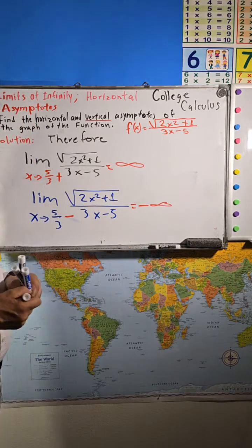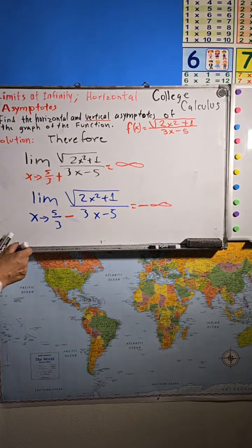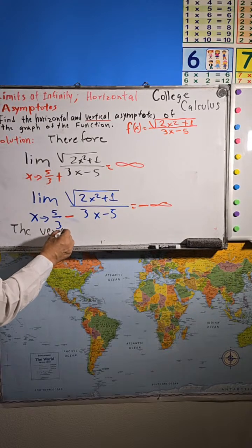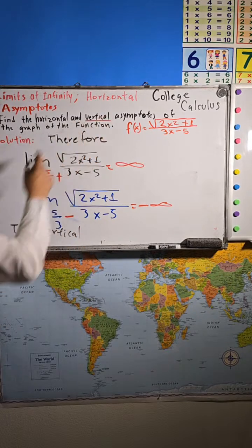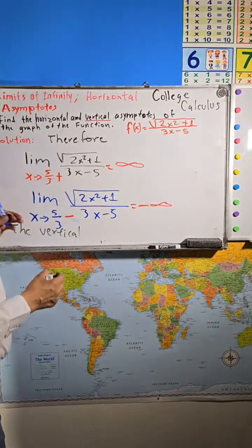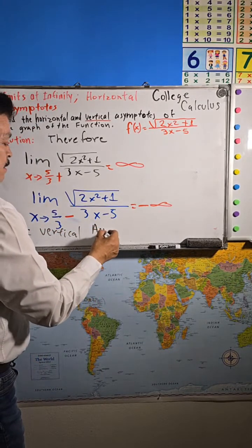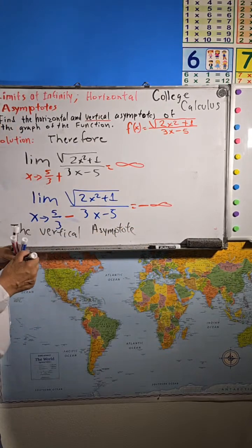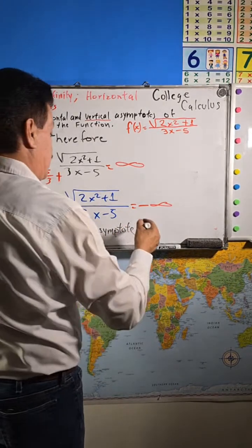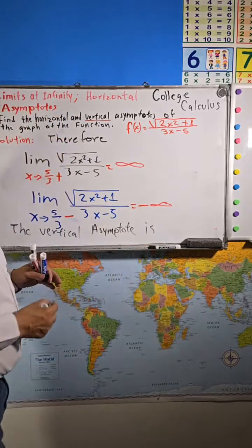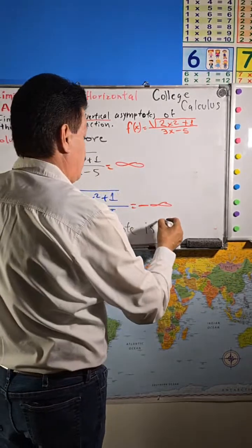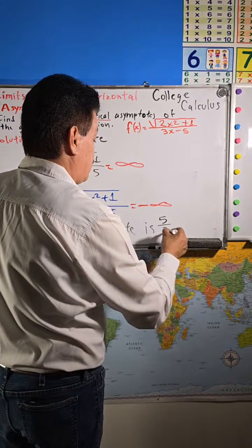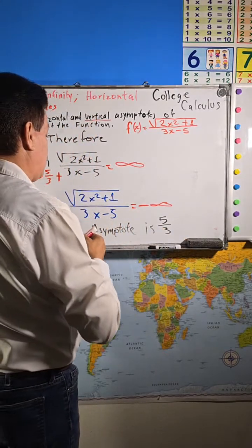All right. So as a conclusion, we are looking for the vertical asymptote. How much is it? It is 5/3. This is the vertical asymptote.